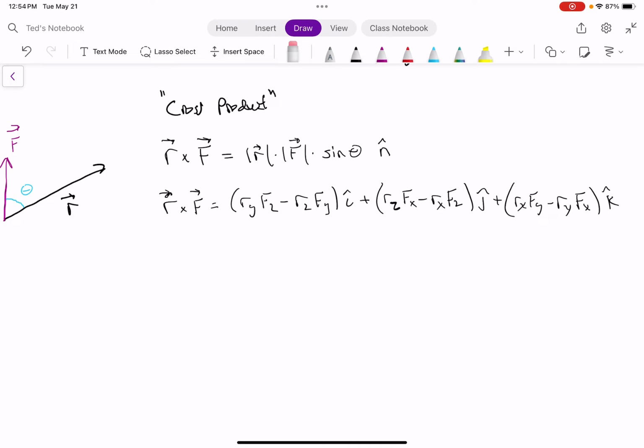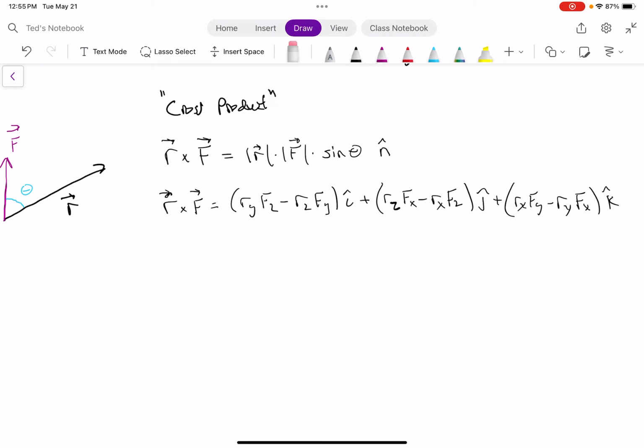So all three directions are represented, right? Here we've got x, y, and z, and we've got x, y, and z. So all three coordinates are represented. So you see all three different directions are represented in the formula.